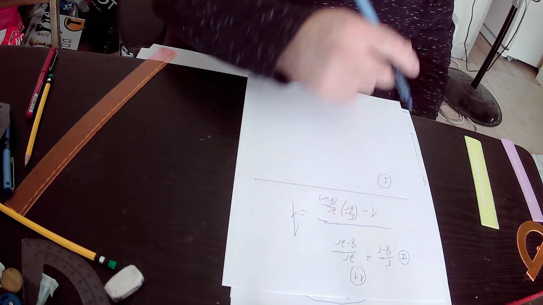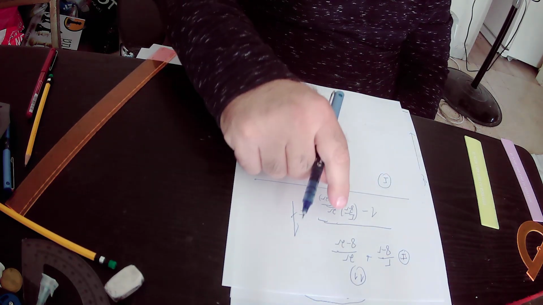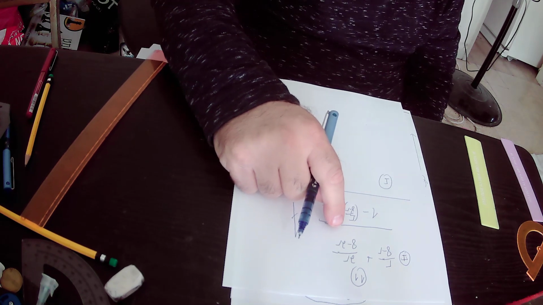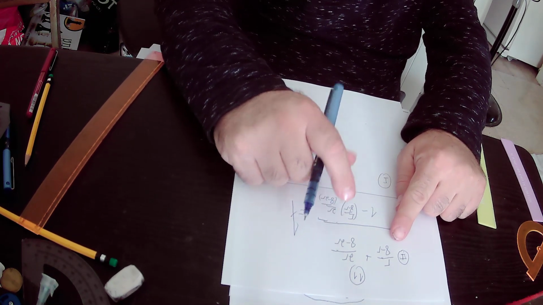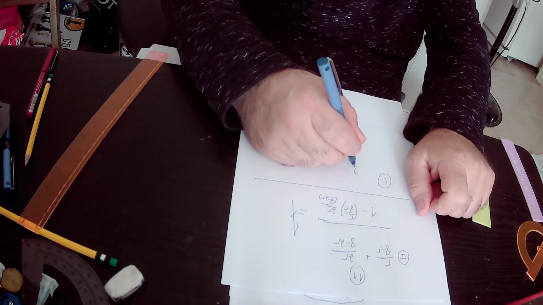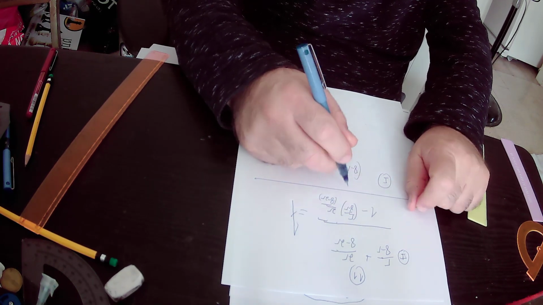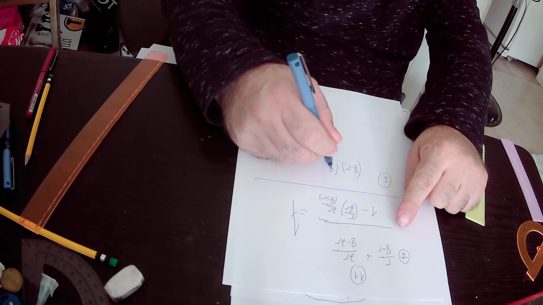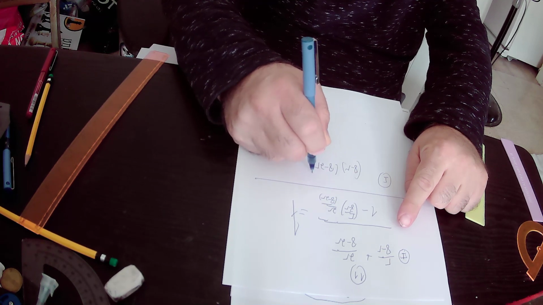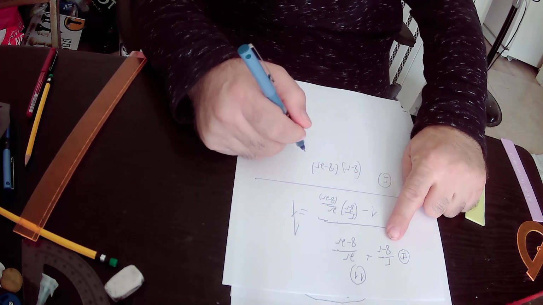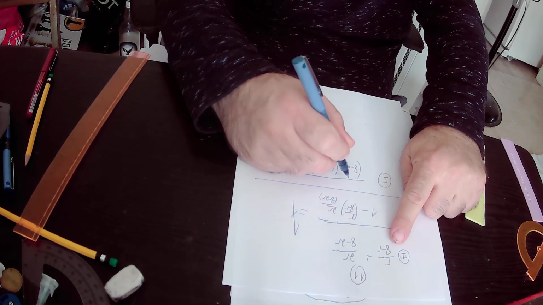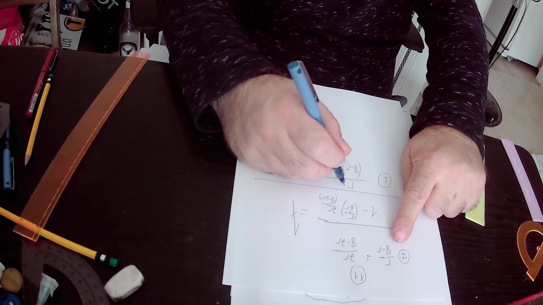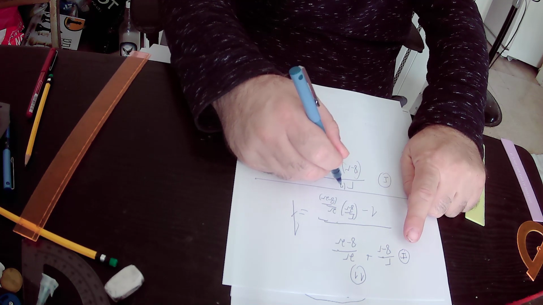Here we will make a common factor for these two expressions. The common factor will be 8 minus R times 8 minus 2R. And in order to get this expression, we will multiply R by 8 minus 2R.